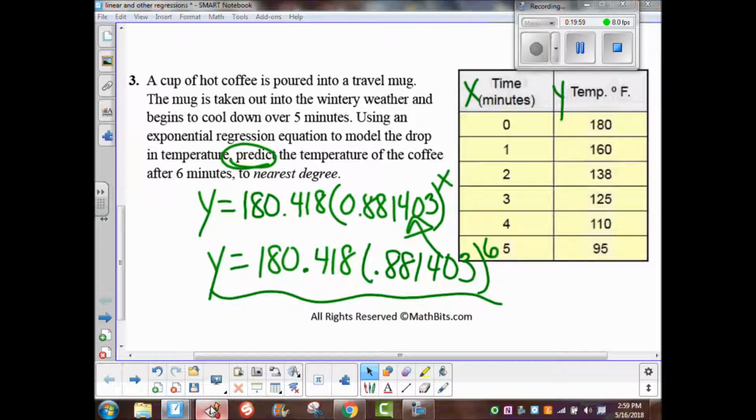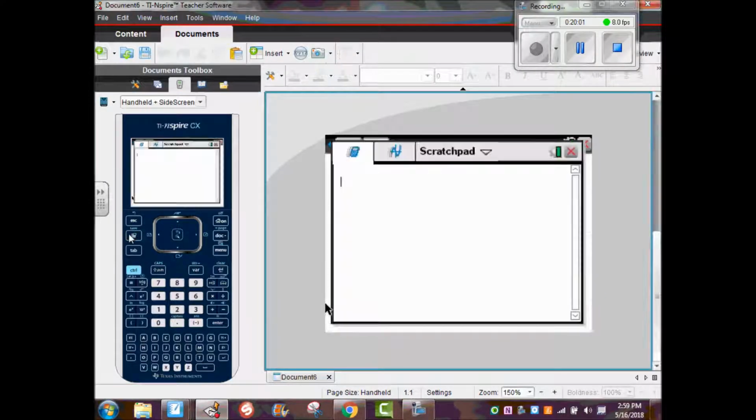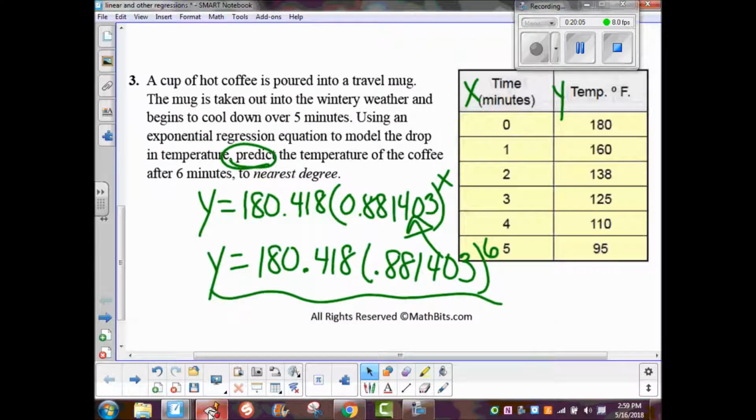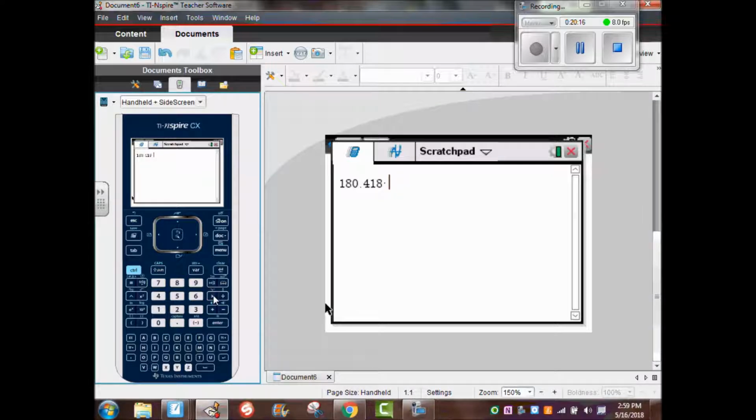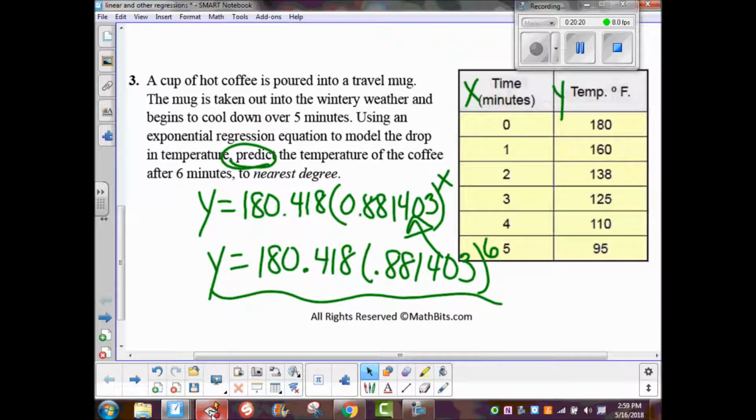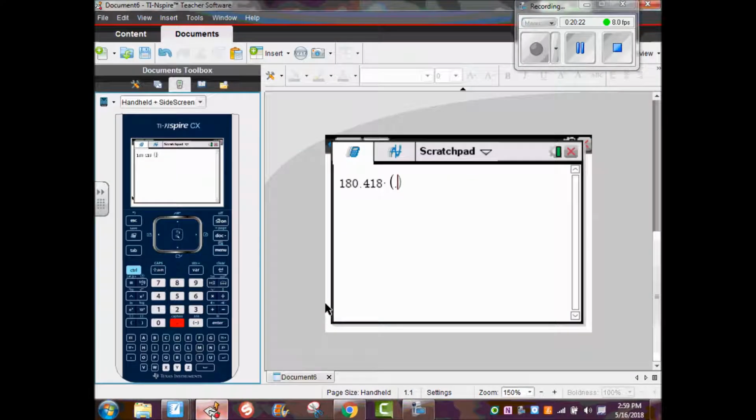All right, so I'd go to my calculate page. 180.418 times 0.881403, and that's raised to 6.